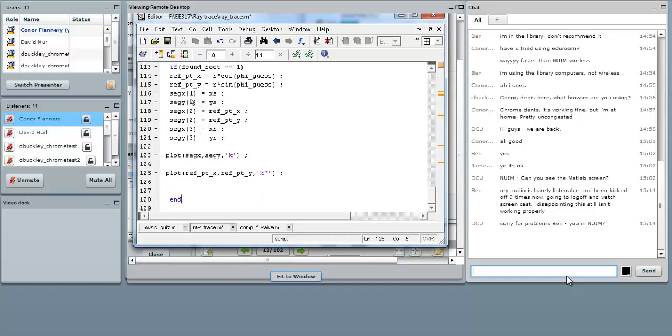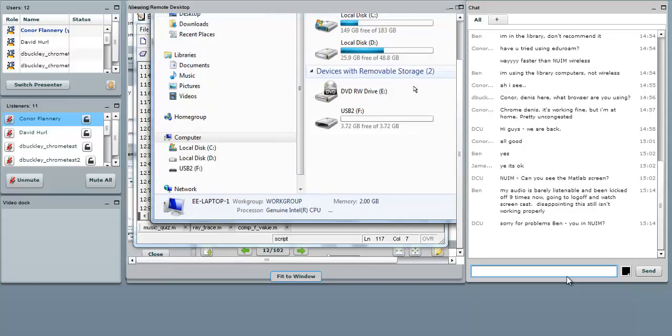And then we plot that little segment there, and then we plot the reflection point on the figure. Okay, so that's the bisection algorithm. Let's run it. Let's hope it works. It worked the other night, so it should work now.